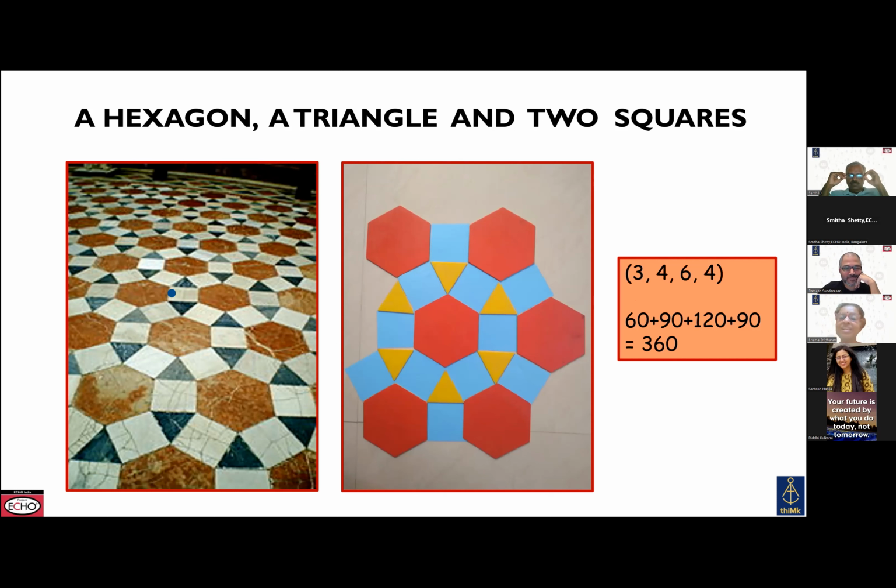So the figure on the left is in a museum in Seville in Spain, where you can see the same pattern in the flooring, and this I've tried to make on the right at home. The vertex configuration of this is 3.4.6.4, which means a triangle, a square, a hexagon, and another square meet at a point, and in that order. The order is also important, as we'll see in the next figure.